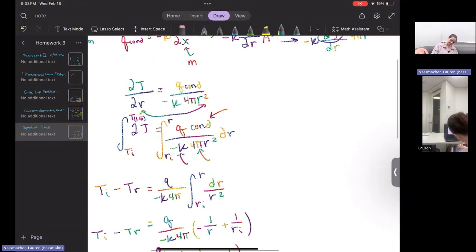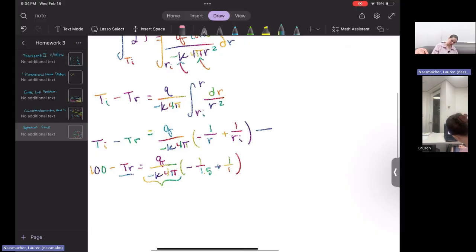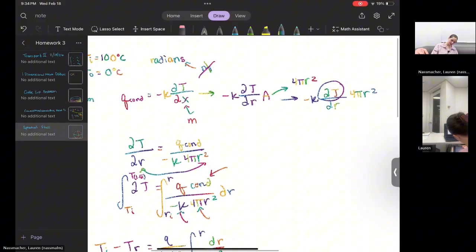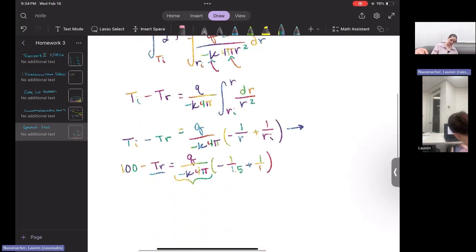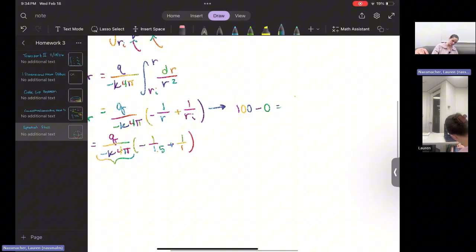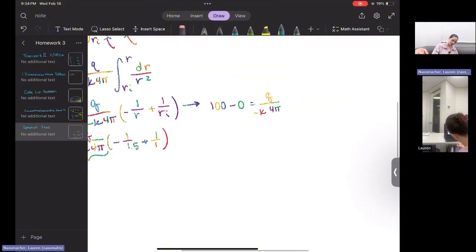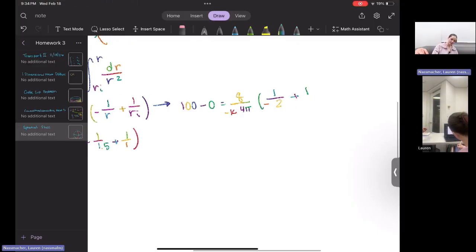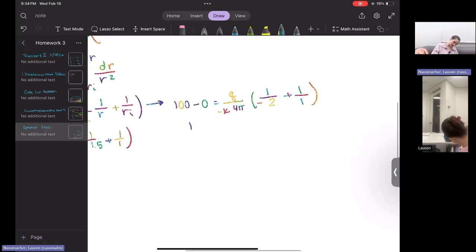Let's take this general equation and transform it into the inner and outer radius workings. So 100 degrees Celsius minus 0 degrees Celsius is equal to our heat conduction divided by our thermal conductivity multiplied by 4 pi over 1 divided by our outer radius plus our inner radius.